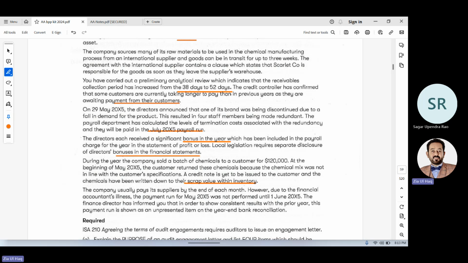If the sale return was not adjusted at year end 31st May, chances are that sales could be overstated. Not only sales, even inventory could be understated because this inventory is coming back to the business. So it should be adjusted in the 20X5 financial statements rather than the next financial statements.